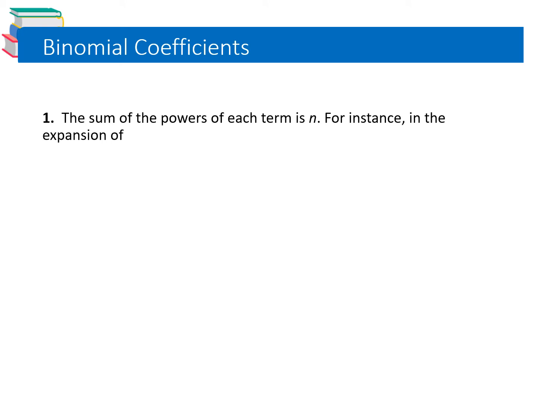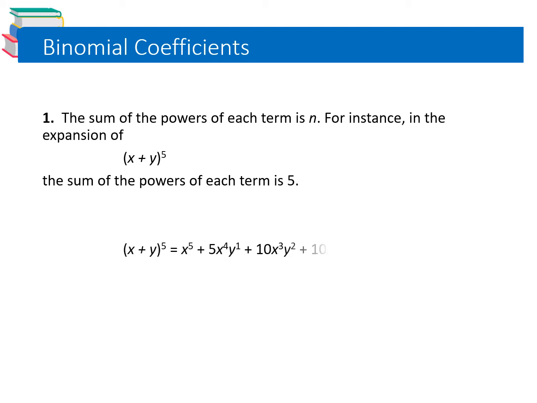Ibigay natin yung formula. So, the sum of the powers of each term is n. So, for instance, in the expansion of (x + y)^5, the sum of the powers of each term is 5. Ayan na nga yung sinasabi ko sa inyo. So, (x + y)^5 is x^5 + 5x^4 y + 10x^3 y^2 + 10x^2 y^3 + 5x y^4 + y^5. Okay?